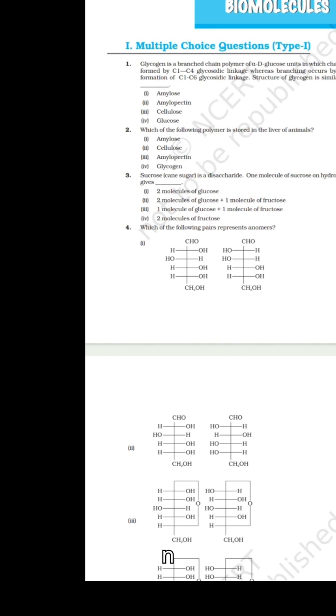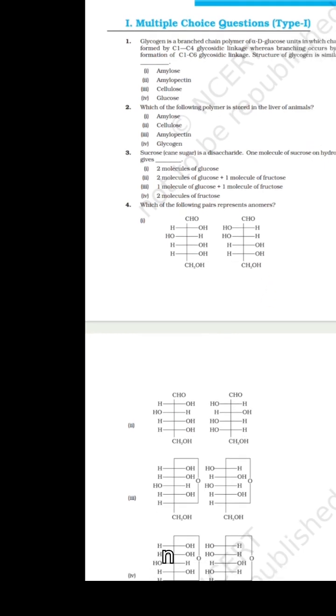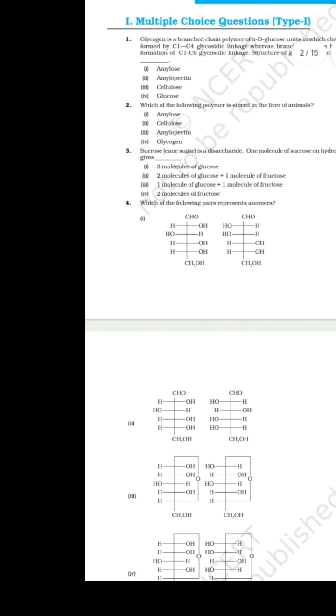And the starch is a water soluble molecule. Here glycogen is called as animal starch because the excess glucose that is present in human body is stored as glycogen in the liver and muscles of the animals. Hence it is called as animal starch. Whereas starch is the main storage molecule in the plants.